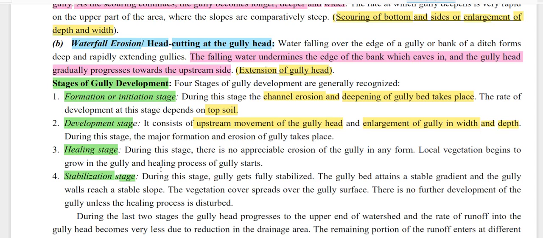Healing stage: during this stage, there is no appreciable erosion of the gully in any form. Local vegetation begins to grow in the gully and the healing process starts.